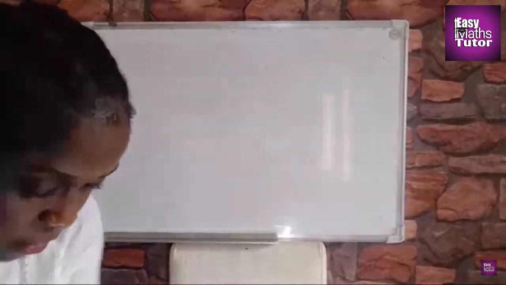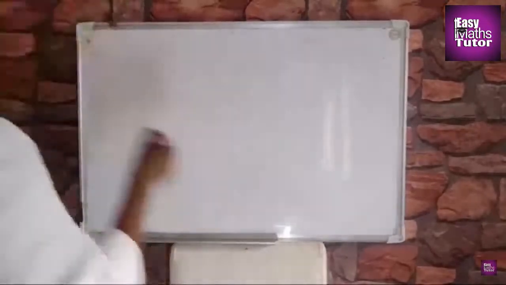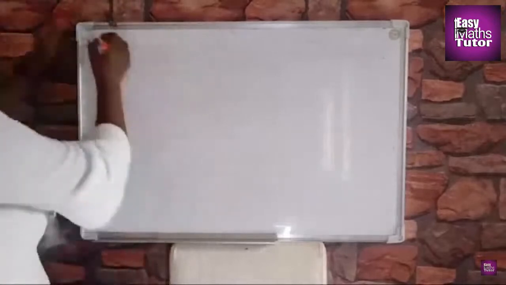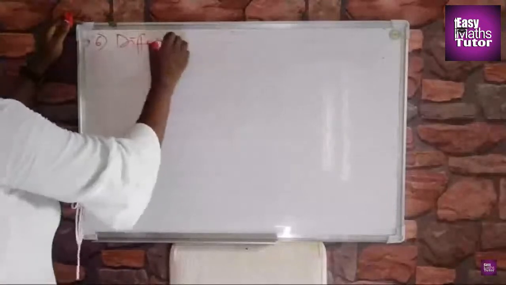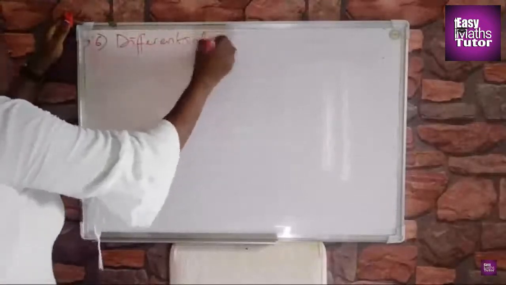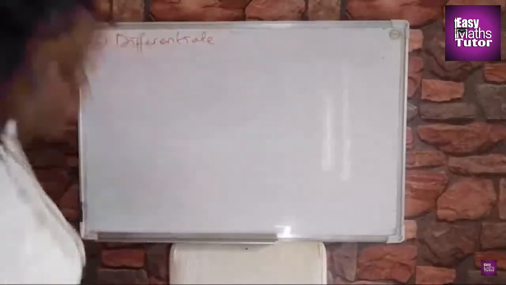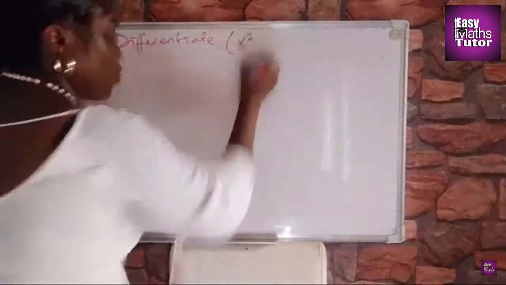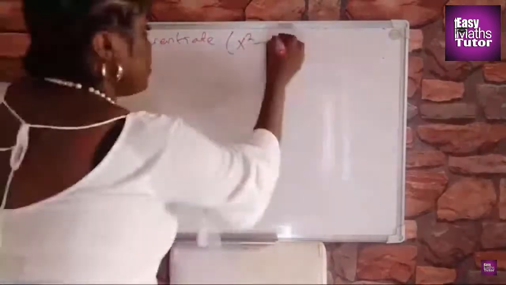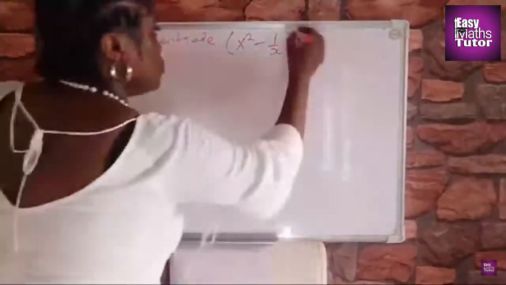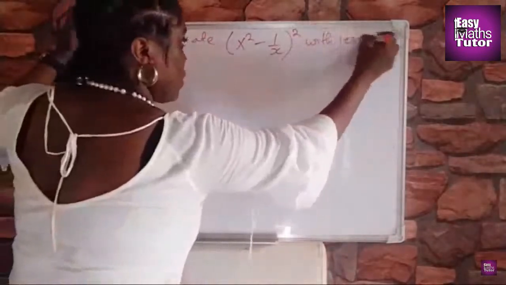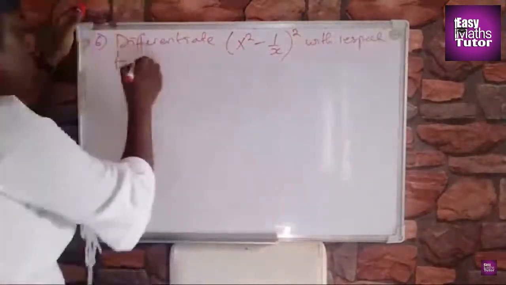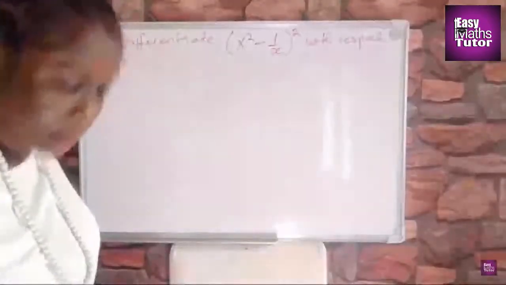Okay. Differentiate. That should be question 6, right? We say differentiate the function x squared minus 1 over x, raised to power 2, with respect to x.